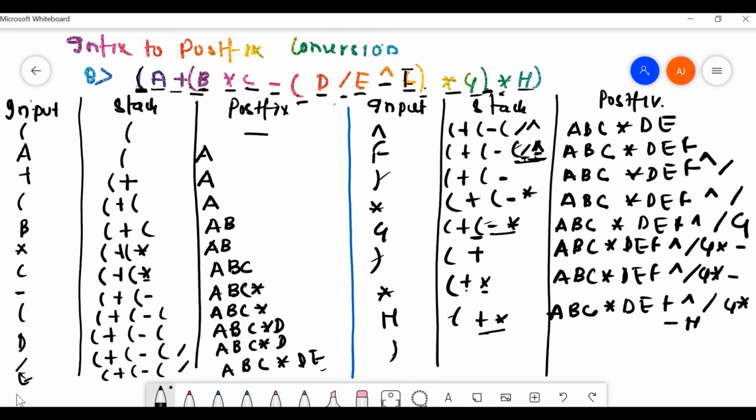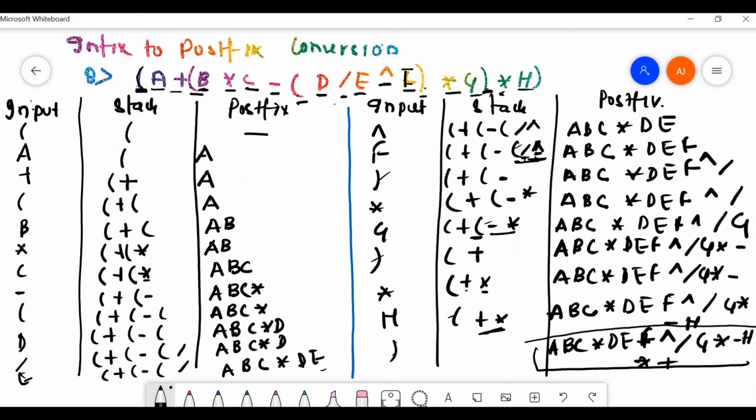So it is A, B, C into D, E, F, this divide G into minus H, and these two operators, so it is into and plus. Fine, so this is my final postfix operation.